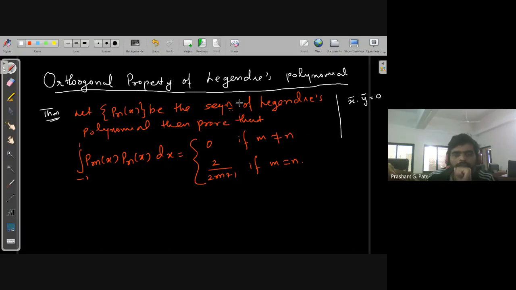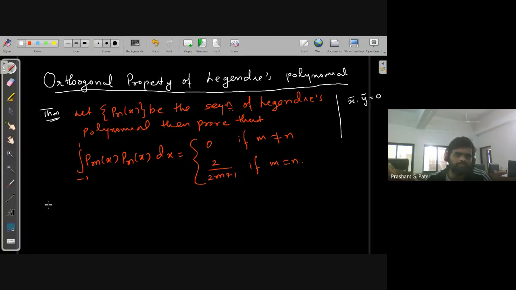In a similar manner, here orthogonal polynomials are there. So it is kind of an integration over that range. The product of those two will be 0 if they are different. If they are equal, then some constant quantity will be there. That is called the orthogonal property.